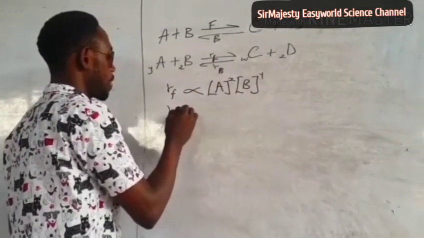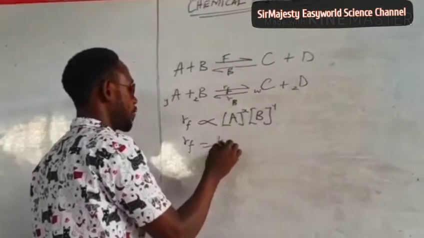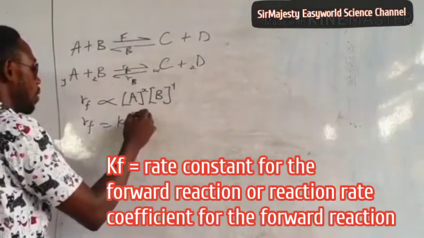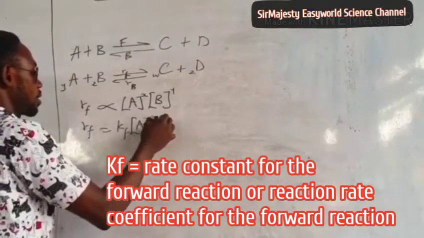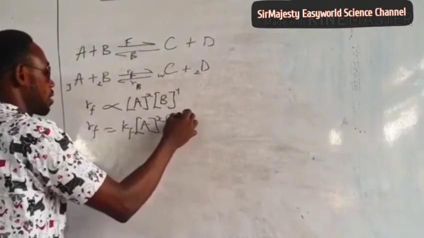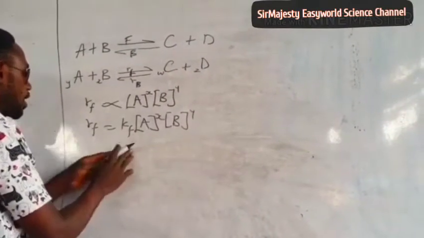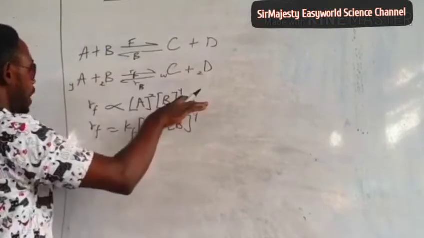We introduce a constant to remove the sign of proportionality, so the rate of the forward reaction is equal to Kf times these concentrations.